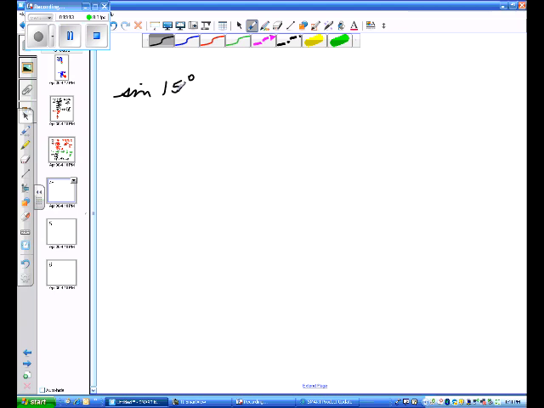Now to know what angle this is, multiply it by 2. And so the sine of 15 degrees is equal to the sine of 30 over 2, which will equal plus or minus the square root of 1 minus the cosine of 30 over 2, putting it into our formula.